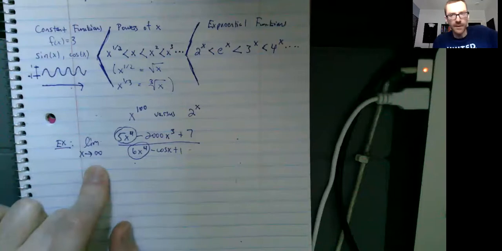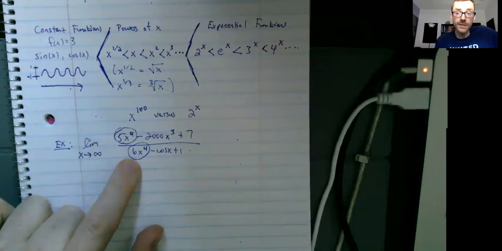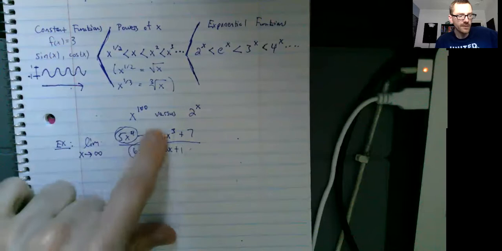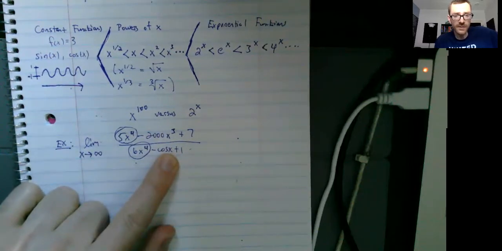As x goes to infinity, as x becomes really, really big, these two terms grow so much faster than the other terms that for very large values of x, they'll be so much bigger that you can just ignore the other terms.